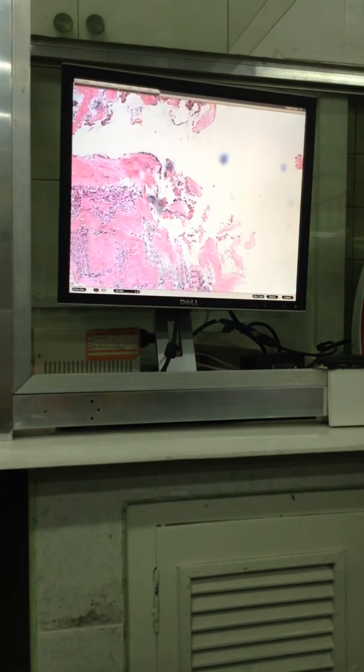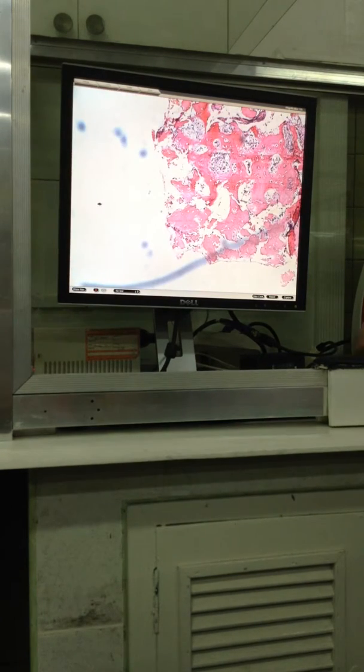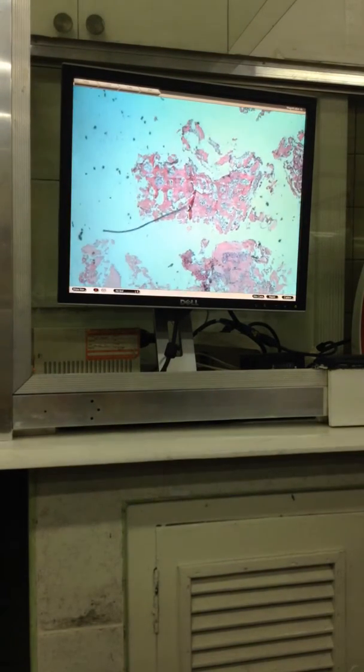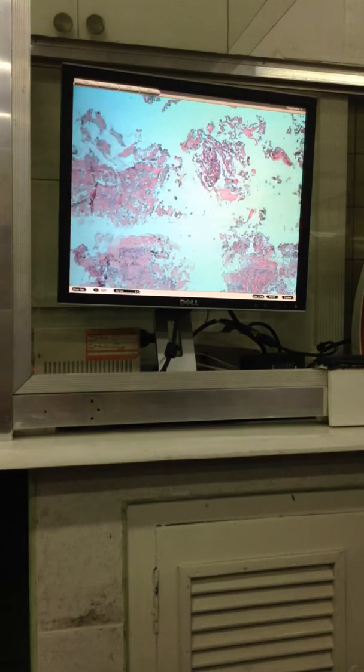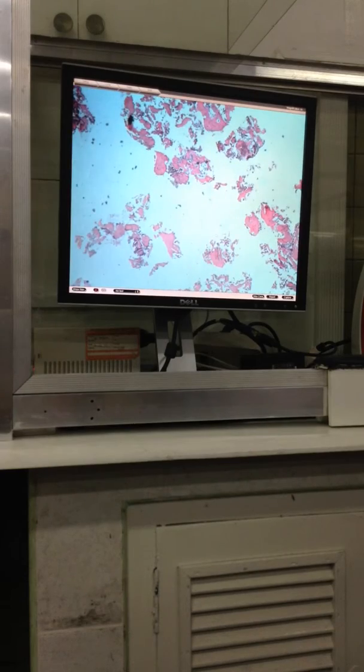If you notice as you go around the slide, you will notice that these are simply chips, or fragments of the tumor itself, because this has probably been taken out just by scraping the area. Again, you have to correlate with the gross and clinical findings of this particular lesion.